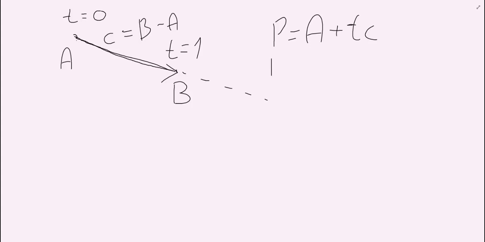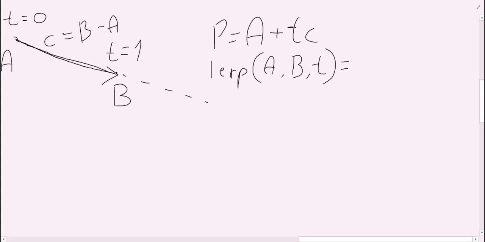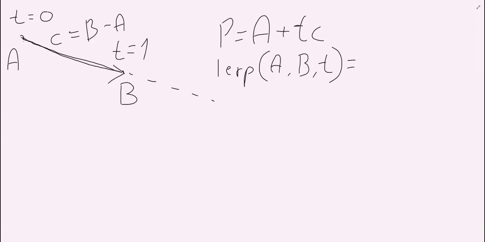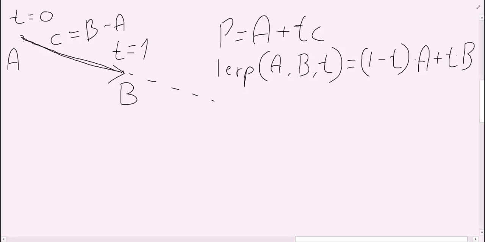So we can say a linear interpolation between A and B at the time t equals one minus t times A plus t times B. So what we're doing here is basically taking a weighted average of the points A and B.